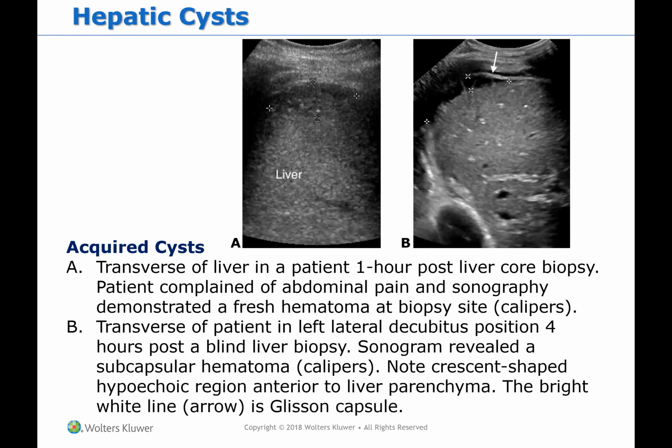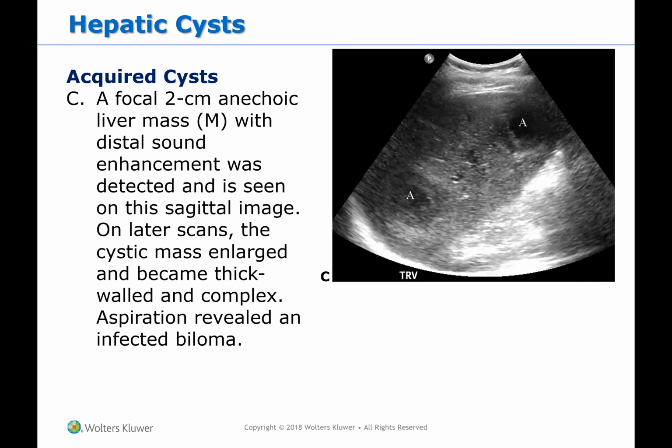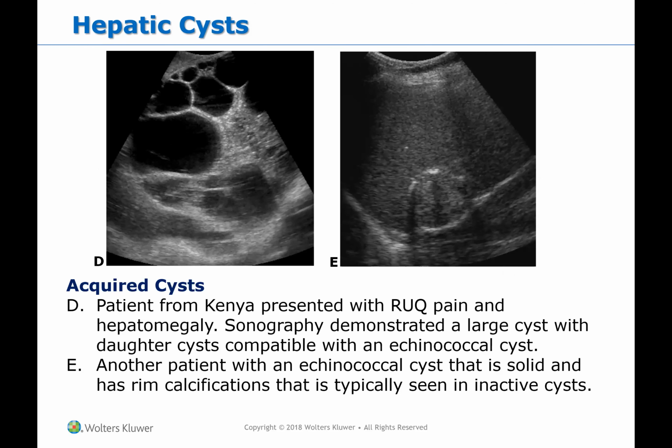This is showing a hematoma, subcapsular. Okay, parasites usually happen more in developing countries, it seems, or if you've gone to a developing country, you have a higher chance of that.